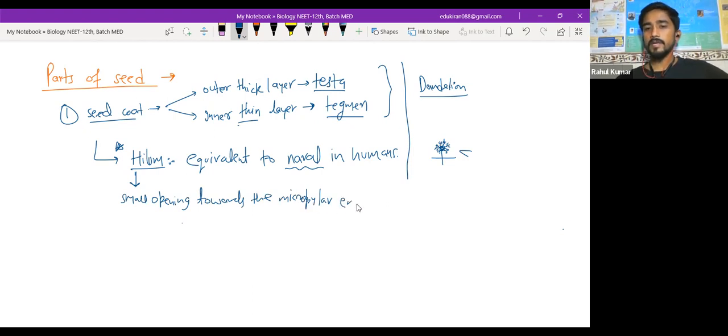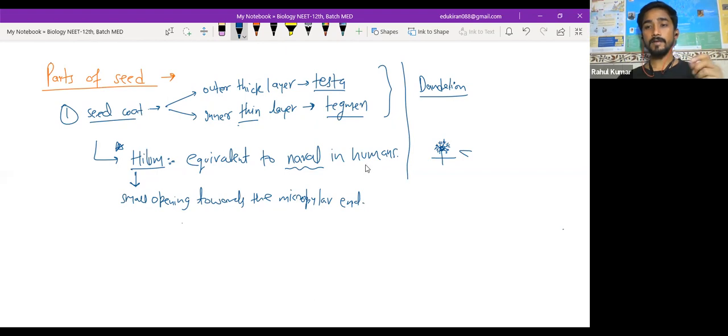So there are two ends of a seed, just like there are two ends of a cricket pitch. One end is called the micropylar end, and how these ends are named, I'll tell you later. But there is a small opening towards the micropylar end, which is called hilum. This has been asked in entrances because hilum is an equivalent structure to the navel in humans.